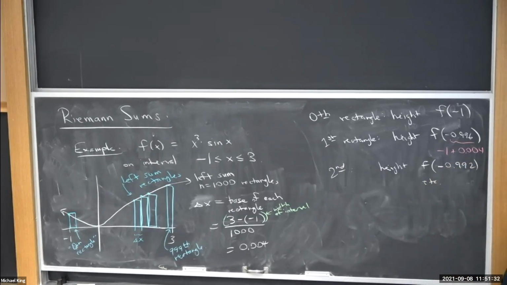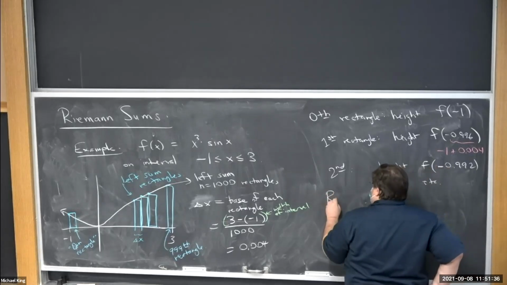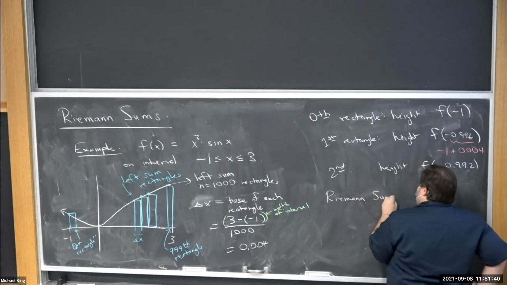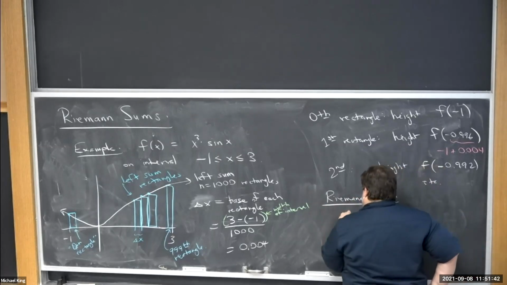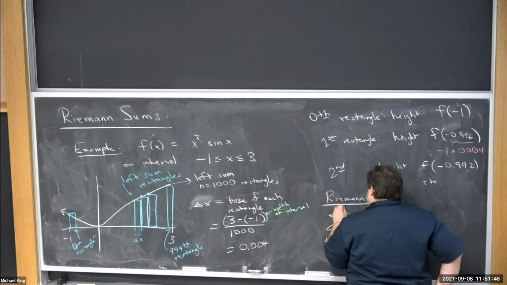And so what we realized is that we can write the Riemann sum. And it's funny, I almost don't even care what the specific function is. I can write it down in a second, but it's really from the 0th to the 999th.